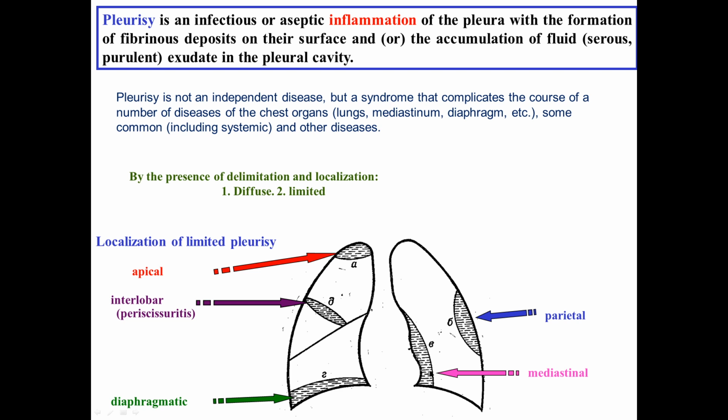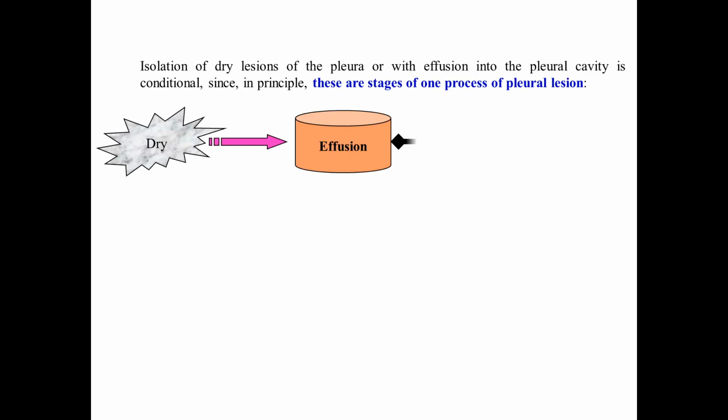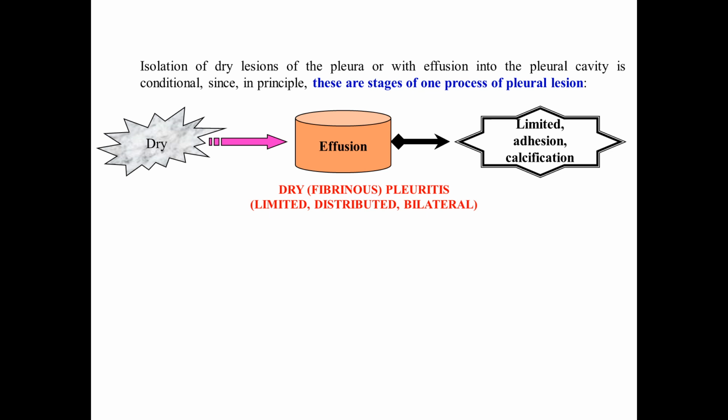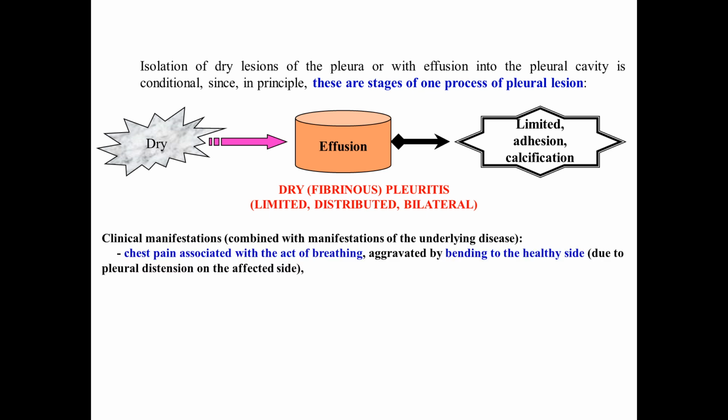In limited pleurisy, different locations have different clinical appearance and course. Isolation of dry lesion of the pleura or with effusion into the pleural cavity is conditional, since in principle these are stages of one process of pleural lesion. We have three different stages.